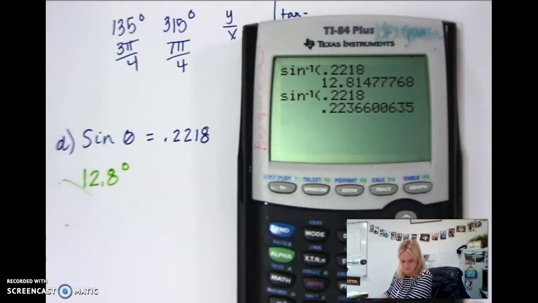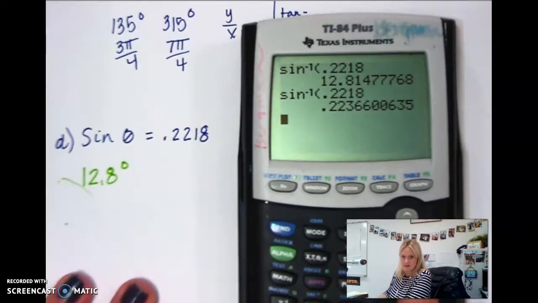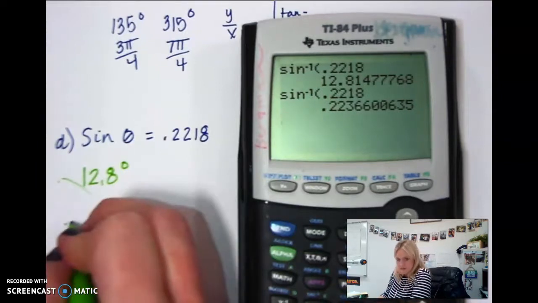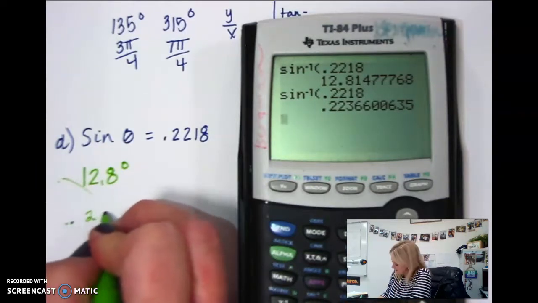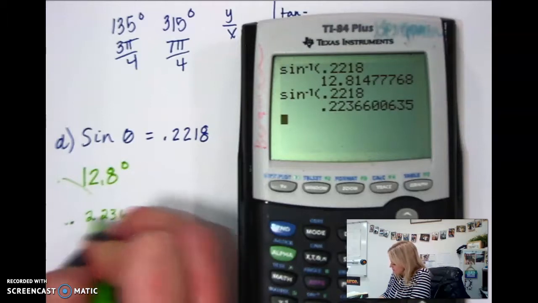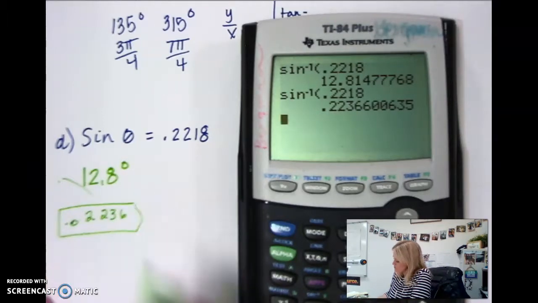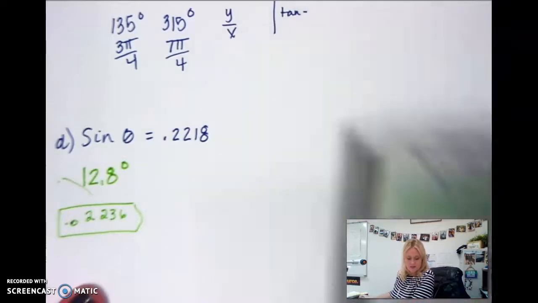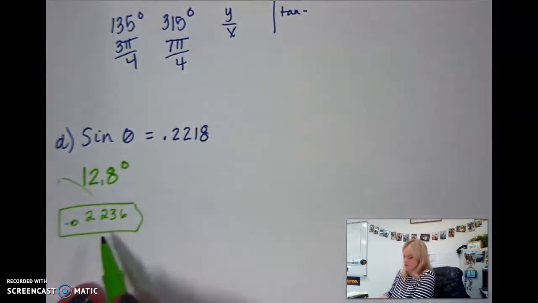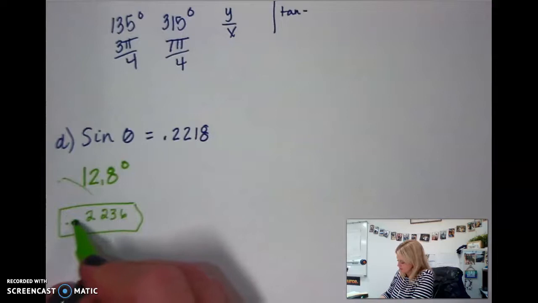Now, we can also do a couple other things with this. We typically don't say radians in decimals. We usually use pi, okay? So we can leave it like this or use the decimal.